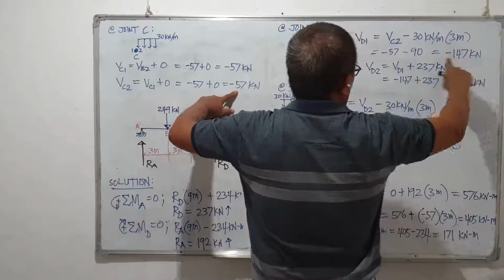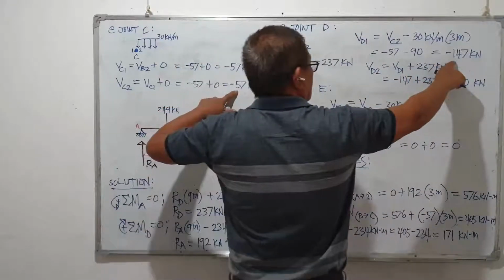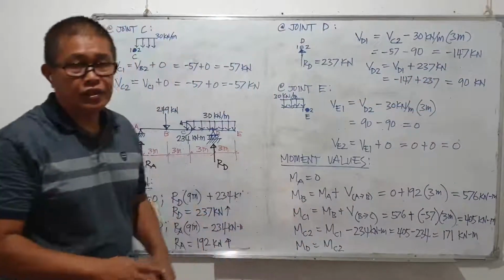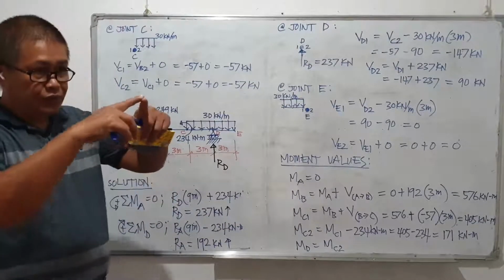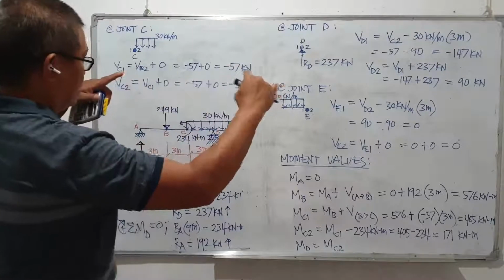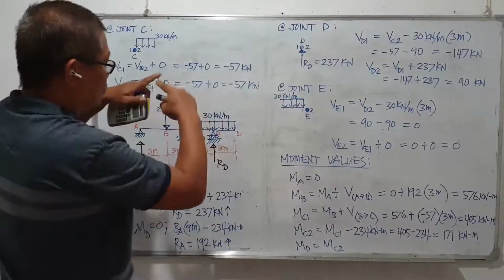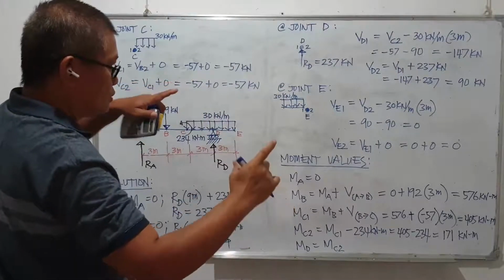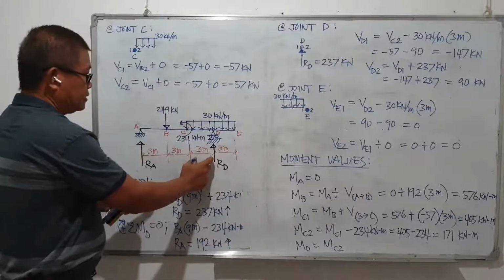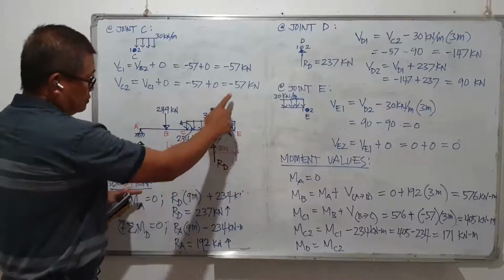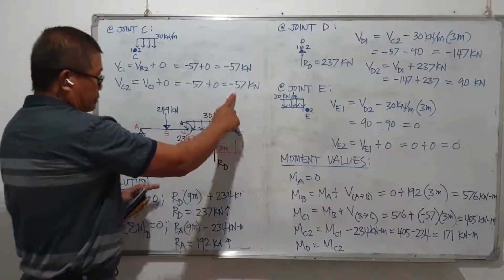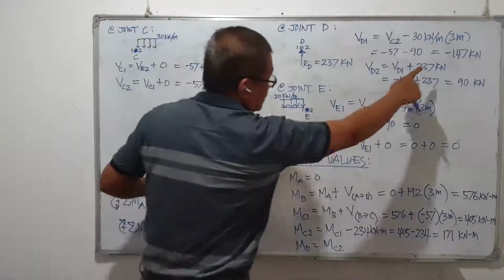Okay, so this is the variation of the shear. The shear area is trapezoidal, meaning it goes from a small value to a large value over a span of 3 meters. Here the shear is negative 57, and at point B it is negative 147.